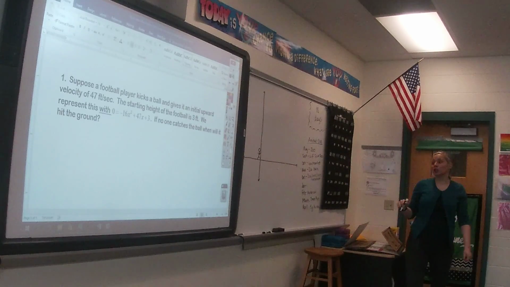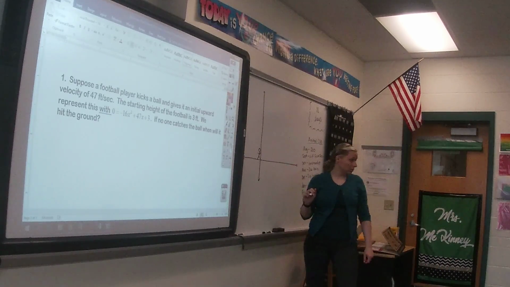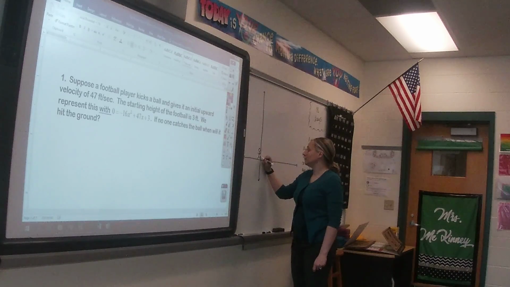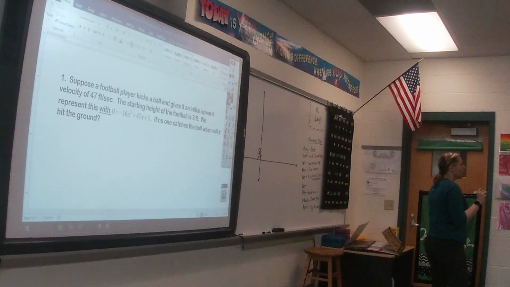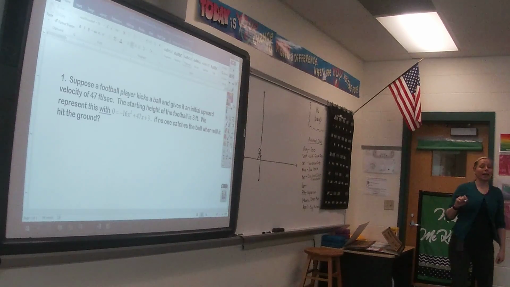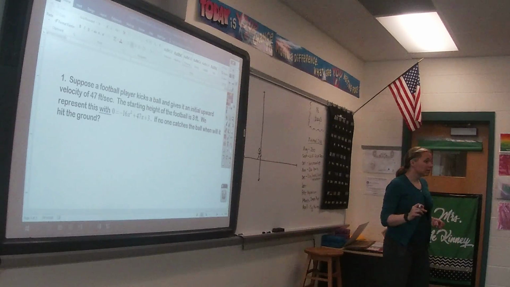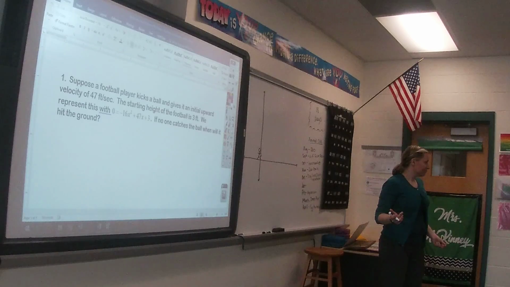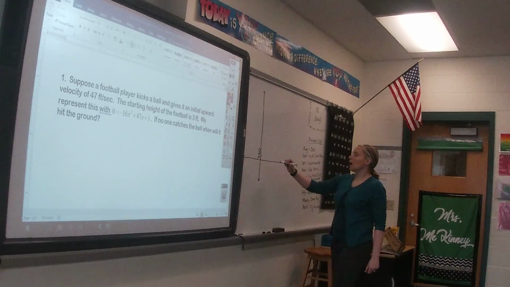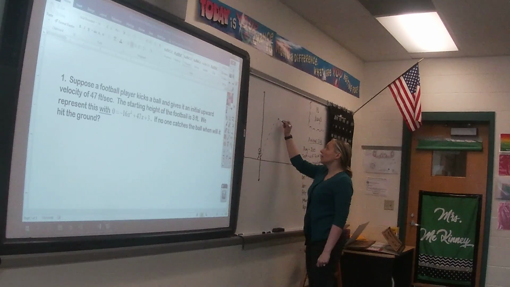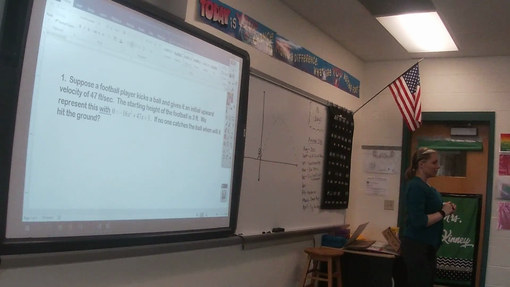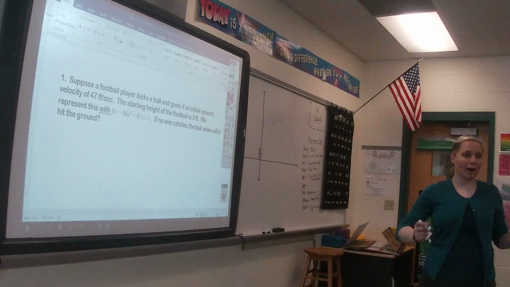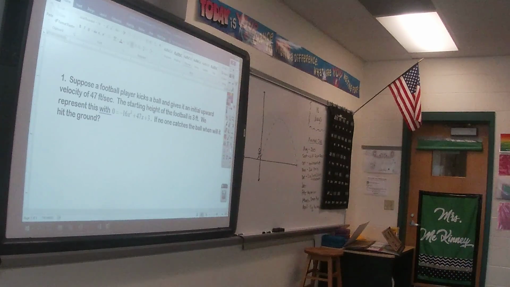And let's say this person kicks a football. So here's my football. Oh, that was really bad football. What happens when this football gets kicked? It goes in the air, and then it goes back down. Right? So it goes up and then down. Doesn't that look a whole lot like a parabola? Oh, because it is.